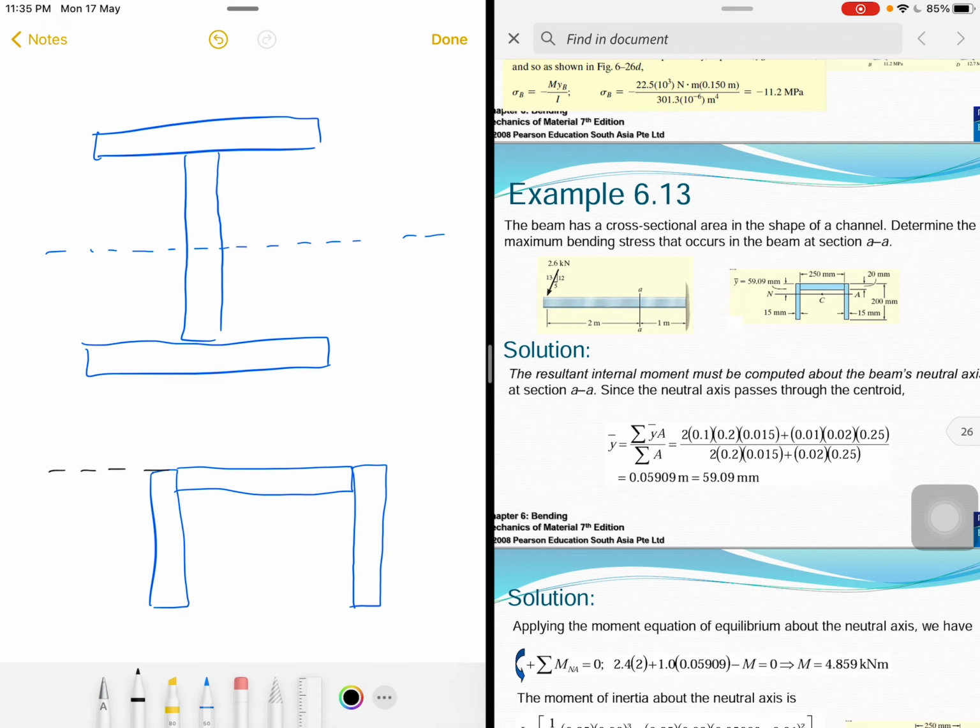You set the reference line; the simplest is this line, which is aligned with the top surface of the beam. Then you need to know the centroid of each rectangle. This is the parallel line across the centroid of each rectangle. So this is the centroid, this is the centroid.